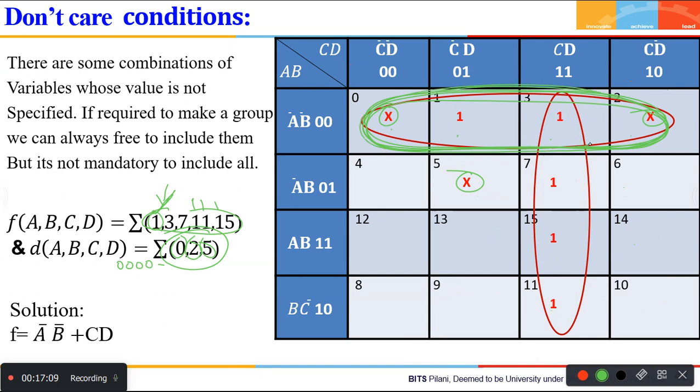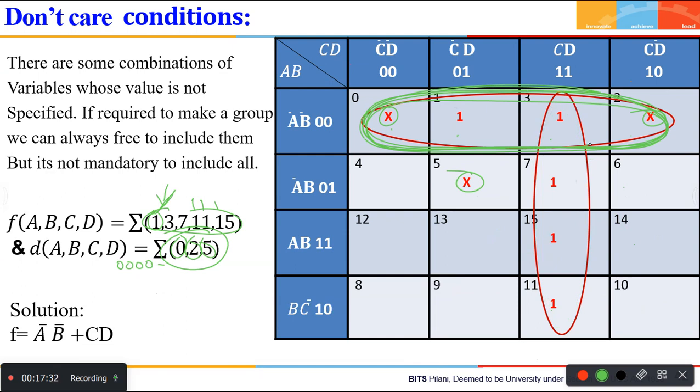See here. If don't care is not defined, can you do this? If don't care is not defined, you cannot do this, right? So, include x in your grouping. In that process, if you are not able to include one x at all in any group, doesn't matter, don't worry about it.